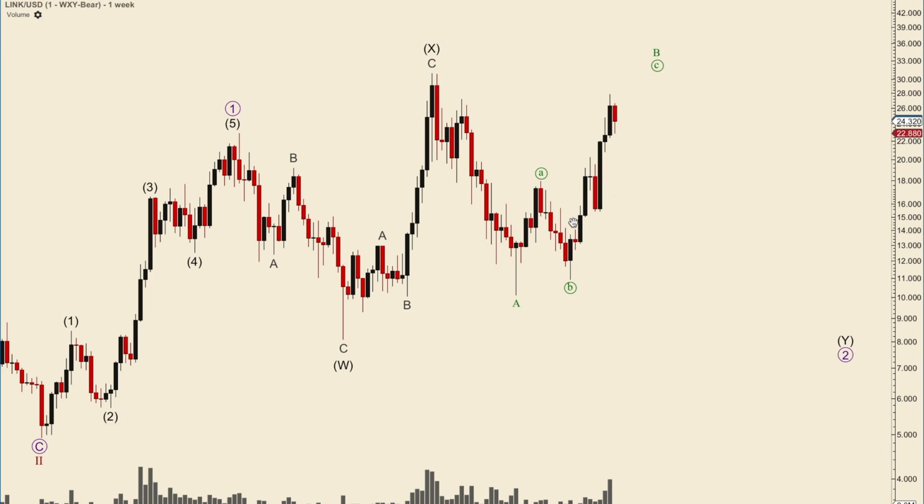So here we are then looking for the finishing wave, basically a C. So here we have A, B, and then a C into a regular flat. So wave C is expected to reach below the start of wave A, as I just mentioned. Otherwise, it's a running flat.